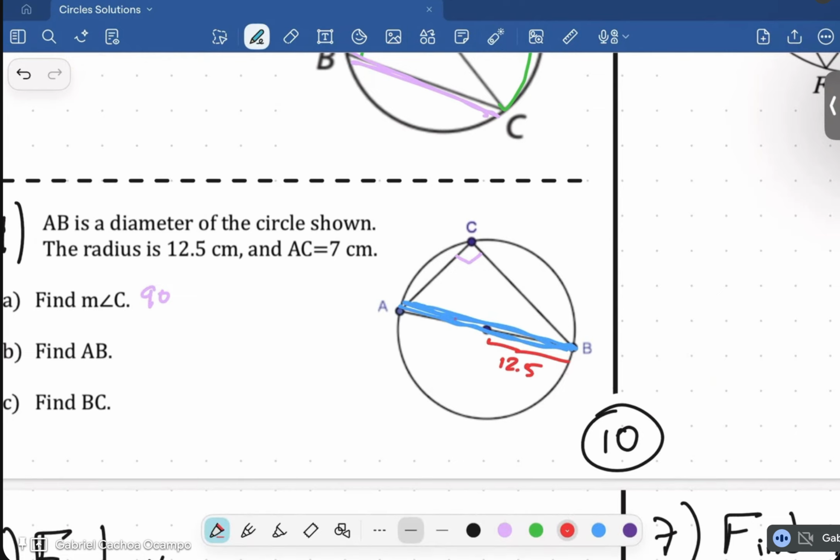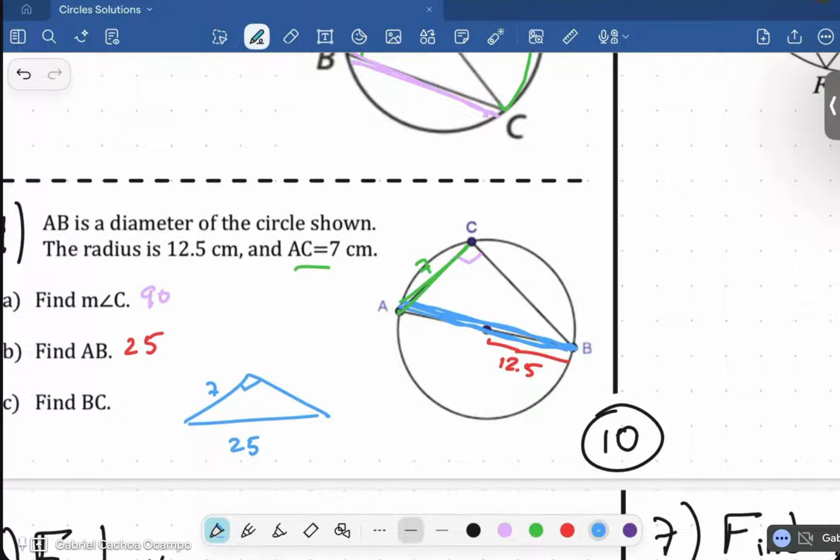So the whole hypotenuse AB is going to measure 25, no? 12.5 plus 12.5. And they are also telling me that AC measures 7. So they are giving me a right triangle such that this is 25.